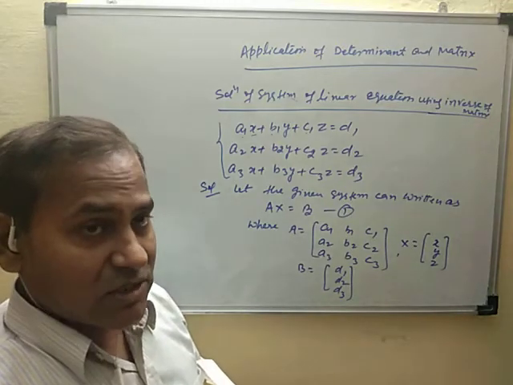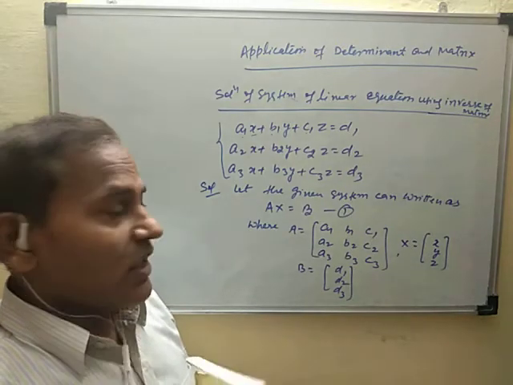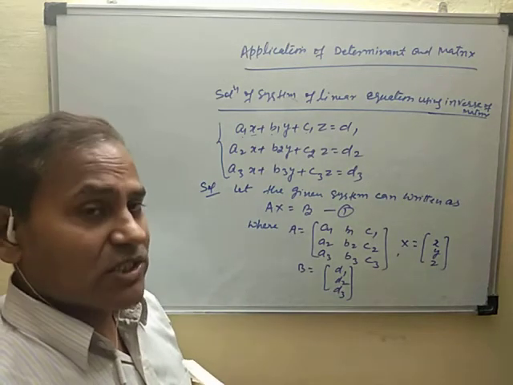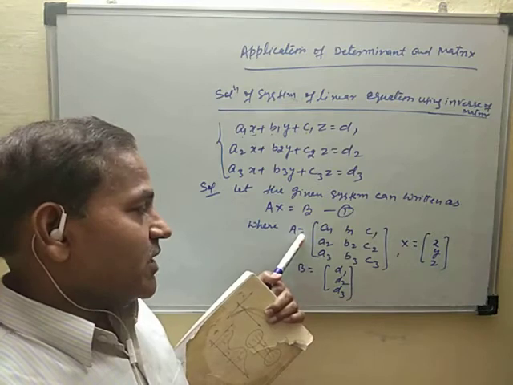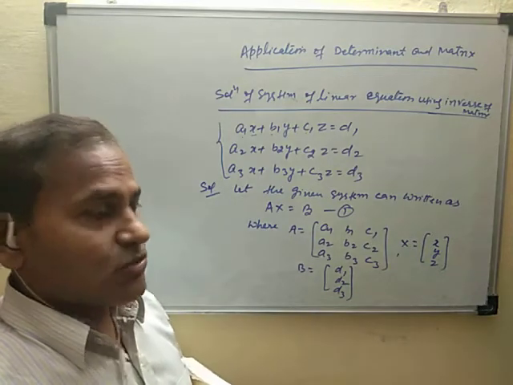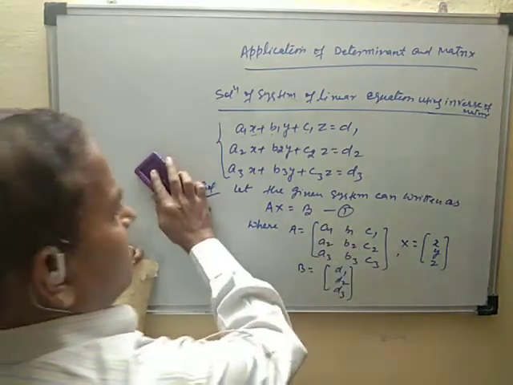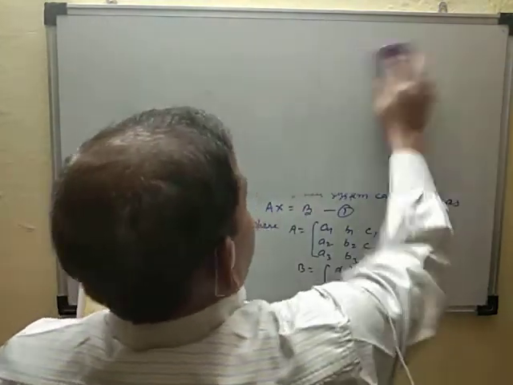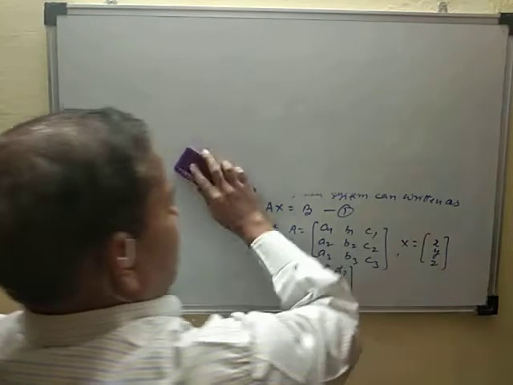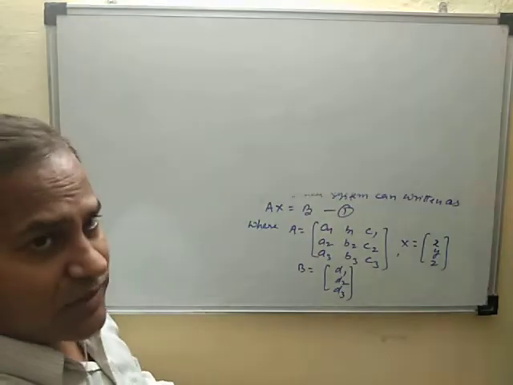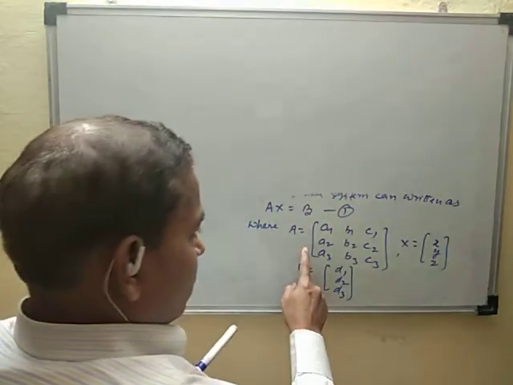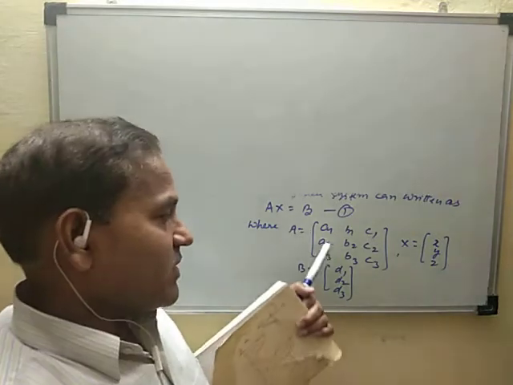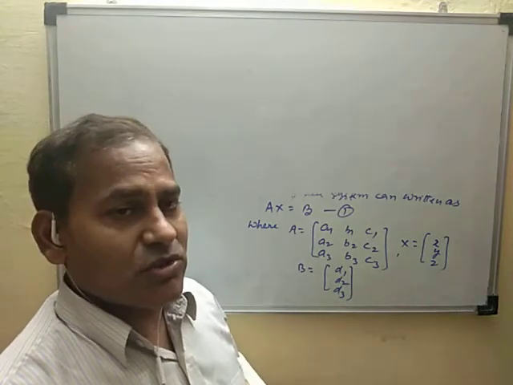For A inverse, you check that inverse exists or not. Inverse exists if determinant of A is non-zero. So here, case 1: first find determinant of A. For inverse of matrix A, you check that this matrix is singular or non-singular.